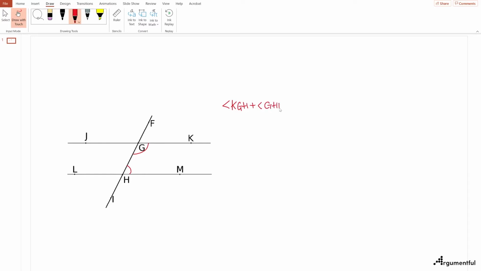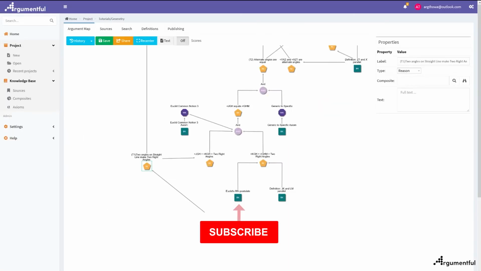According to Euclid's fifth postulate, since JK and LM are parallel, thus they don't intersect, it means that the two angles sum up to two right angles. Otherwise, if they are less than two right angles, JK and LM would intersect. Thus, angle KGH plus angle GHM equals two right angles. Here is what this looks like on the argument map.